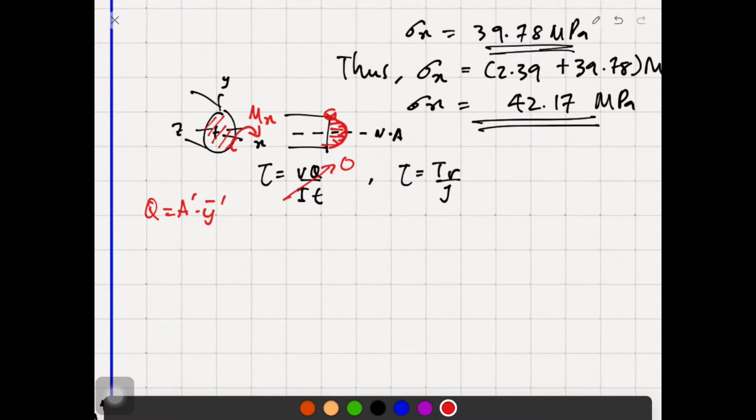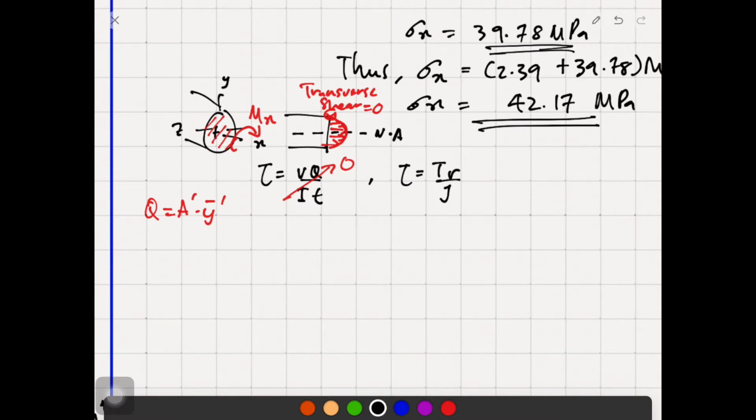Transverse shear in this case equals 0 on the outer skin, and we are left with the torsion, which I think is the last stress for our calculation. So T R over J. What we need to do right now is to calculate the J, right?